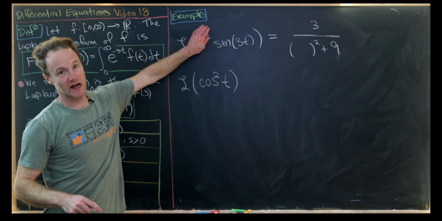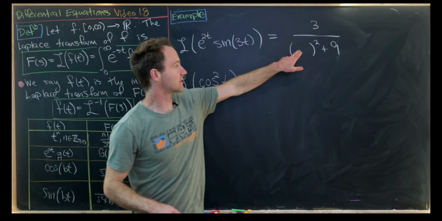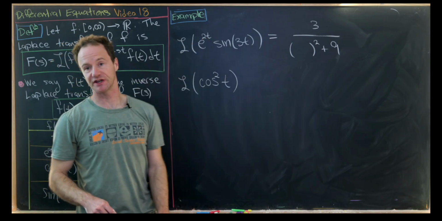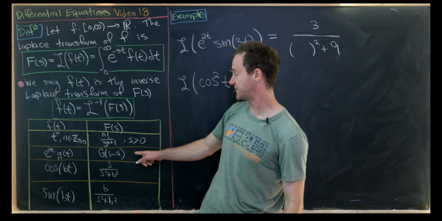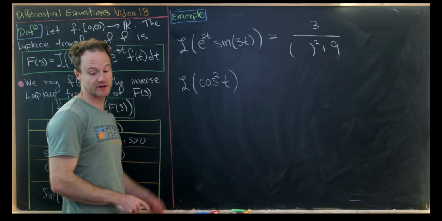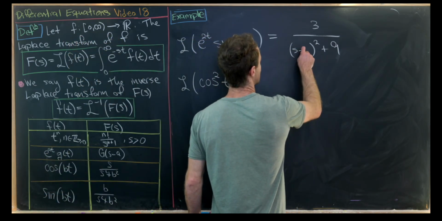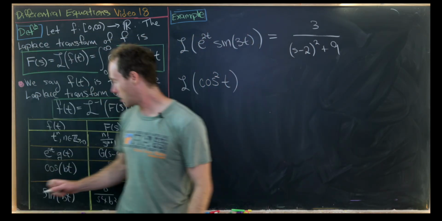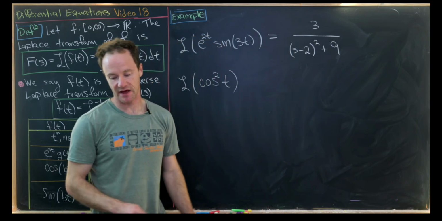Now, if there was no exponential here, that would merely be s squared. But since there's an exponential function here, we get the exponential shifting rule where we replace every s with s minus 2 in this case. So that means here we have an s minus 2. So that's what we get if we put all of these rules that we've developed together.